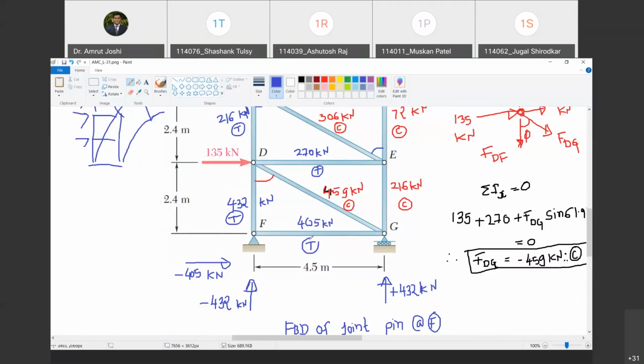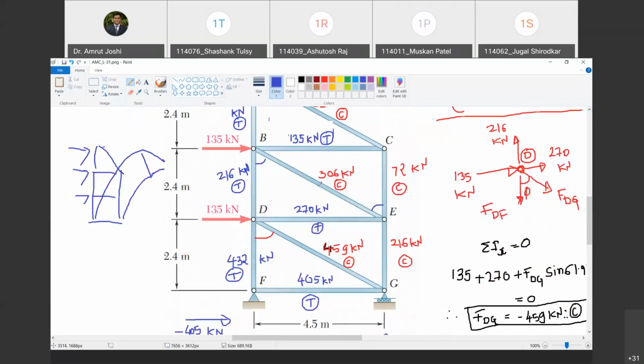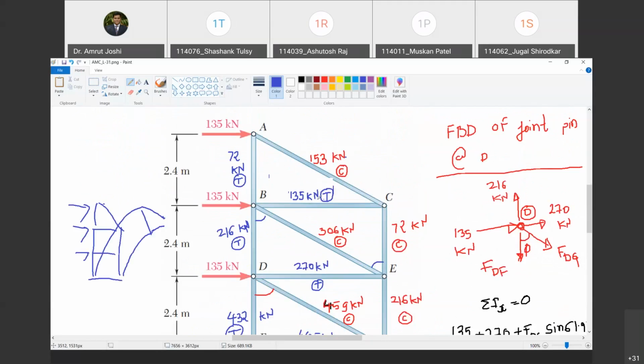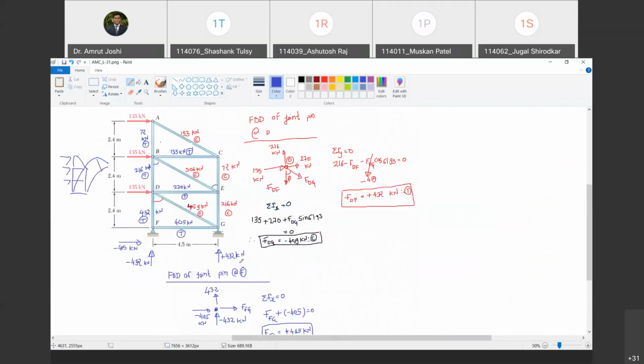We had to find out forces in all the members. So there are two ways of reporting the answer. You can report the answer on the sketch like this, where next to the member you write down the magnitude of force in the specified system of units and its nature. Are you with me? Yes, sir. Or you can make a table. So the table looks like this: serial number.